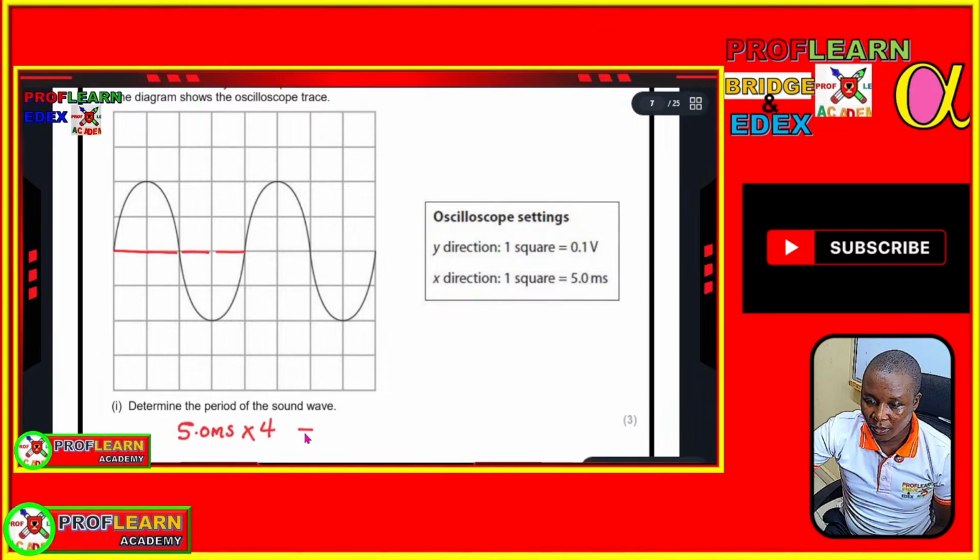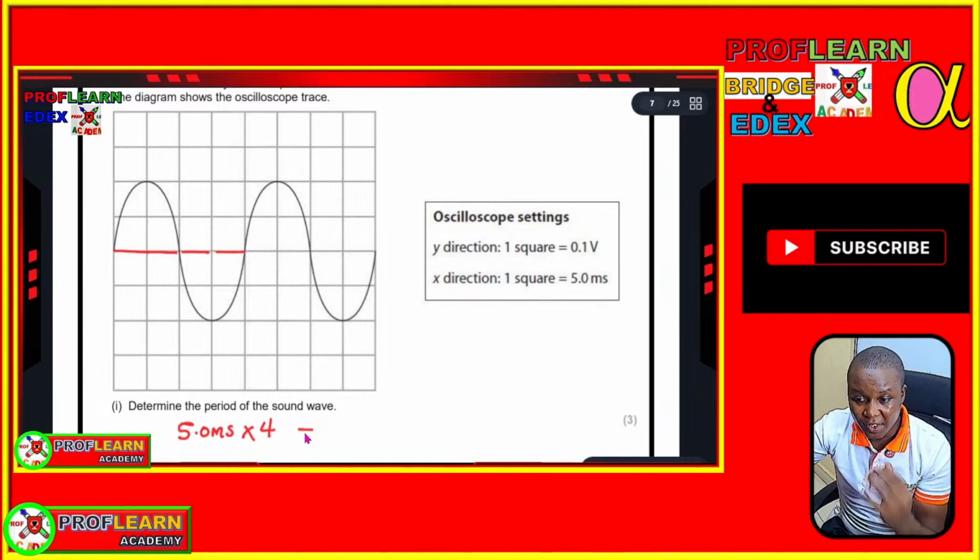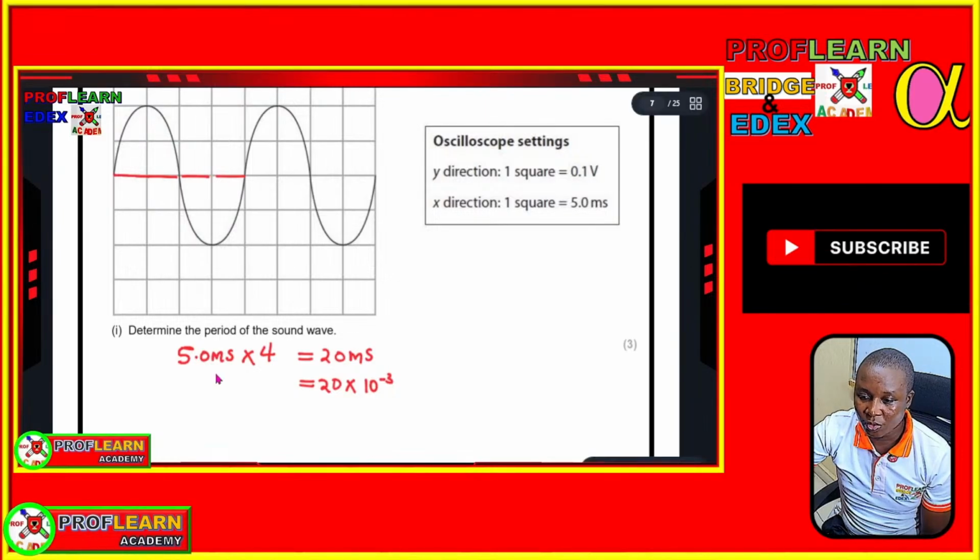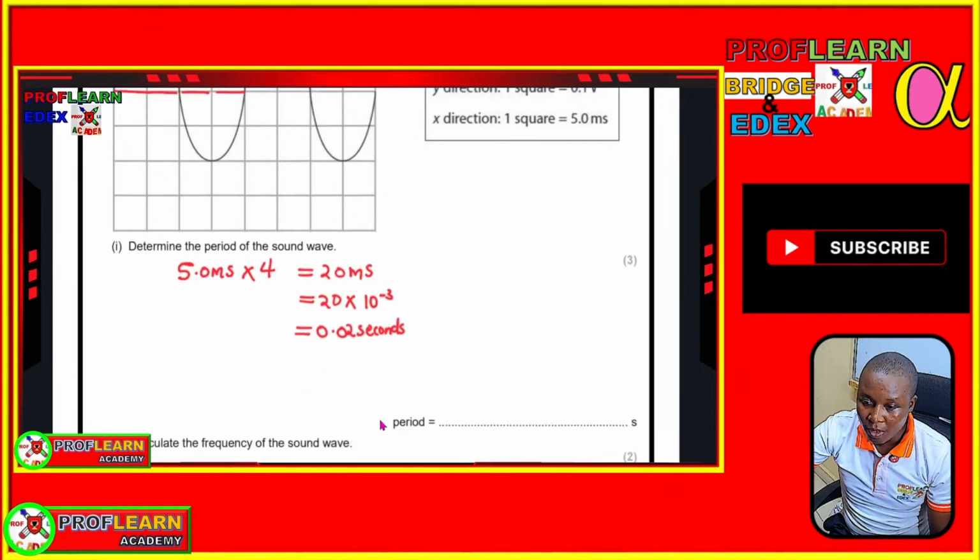So it's going to be 5.0 milliseconds times 4, because 4 boxes is what we have for a complete cycle. This translates to 20 milliseconds, and to convert milliseconds to seconds, we multiply by 10 raised to the power -3, which gives 0.02 seconds. Right, so we have the period.